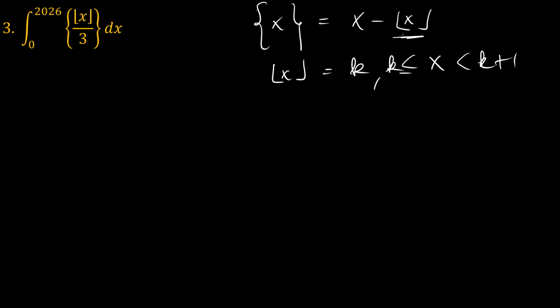For example, the floor of negative 2.1 is negative 3. The floor of positive 2.1 is positive 2.